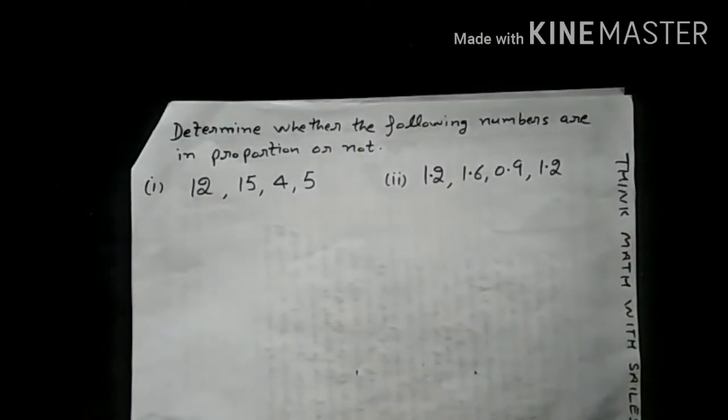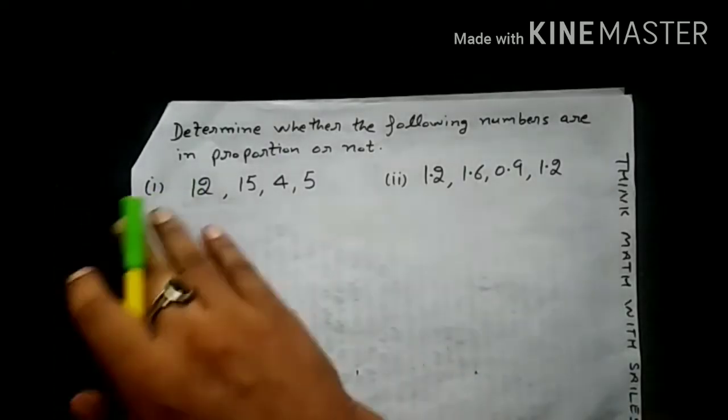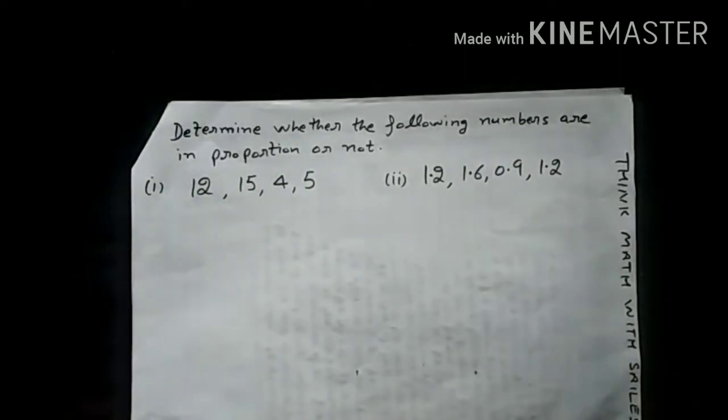Dear student, in this video we are going to find out whether the given four terms are in proportion or not. To be in proportion, there should be two ratios and four terms must be there. Here you can see in both of the sums there are four terms.